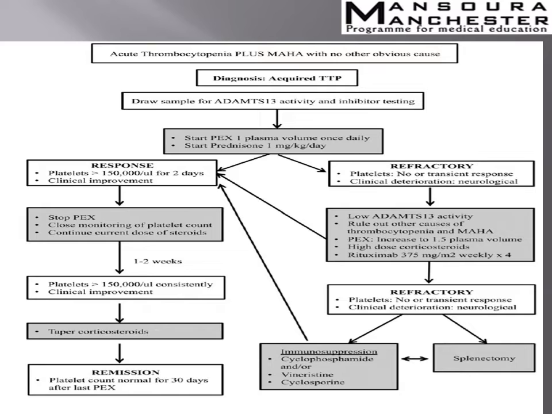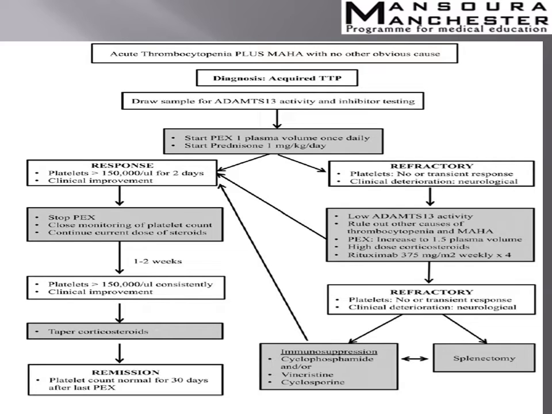Regarding treatment of TTP, we first start by plasma exchange of one plasma volume once daily with corticosteroid in the form of prednisone 1 mg per kg per day, with continuous daily monitoring by platelet count and LDH level.